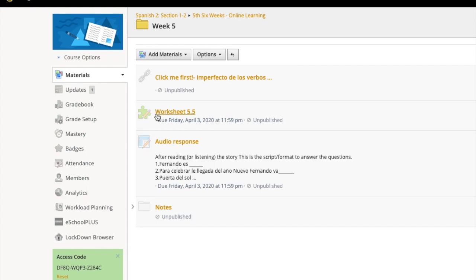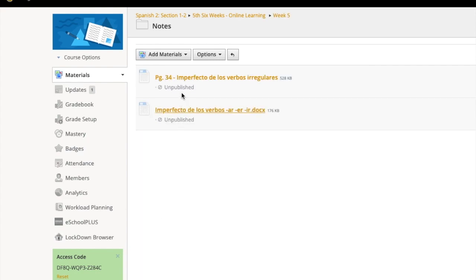So it's the worksheet and then the audio response. You have these 2 to submit. All the notes will be in here. If you click on here, you will have the notes that I will be talking about right now at your disposal. You can either download them to your computer or print them off.